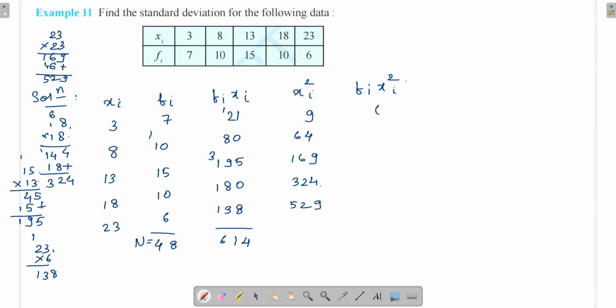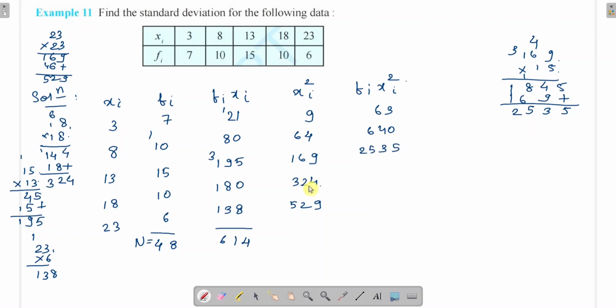So 7 times 9 is 63. 10 times 64 is 640. 15 times 169, let us calculate, that is 2535.